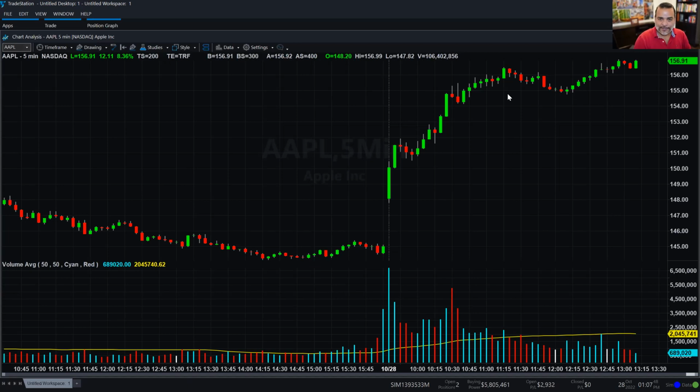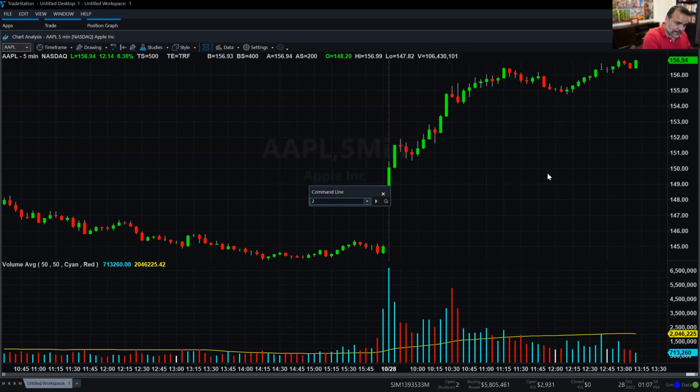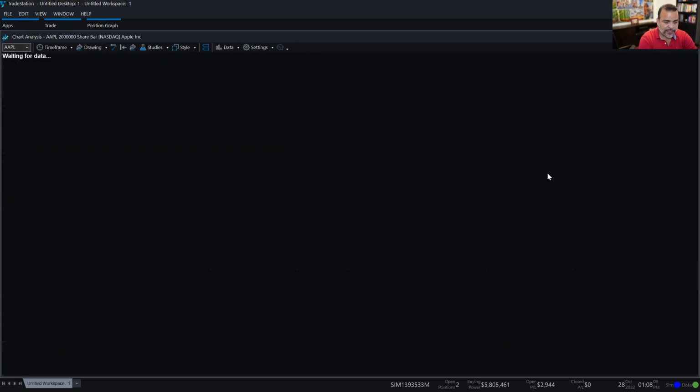We can do the exact same thing, but rather than counting ticks, we're going to count number of shares. So I'm going to type in 2 million and the word shares. When you type in 2 million shares, TradeStation is going to build that chart using the accumulation or the groupings of 2 million shares. I'm going to hit enter.